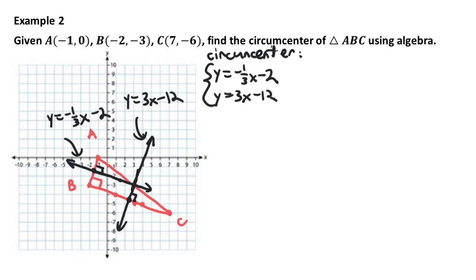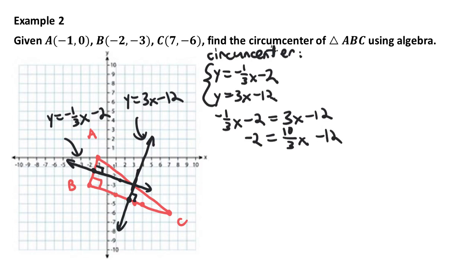If y equals y, then negative 1/3 x minus 2 is equal to 3x minus 12. Let's bring the negative 1/3 x to the other side by adding 1/3 x, in which case you're going to get negative 2 is equal to 3x, which is 9/3 x, plus 1/3 x, you get 10/3 x, minus 12.